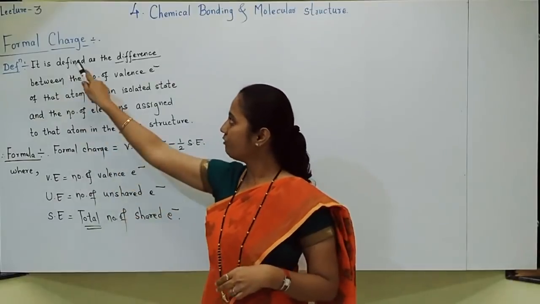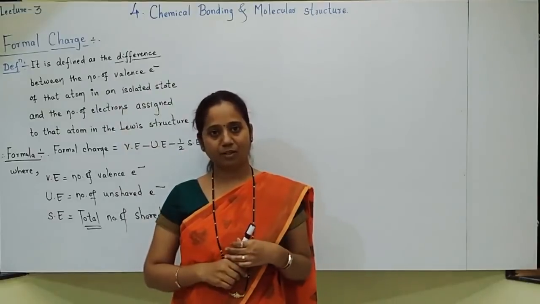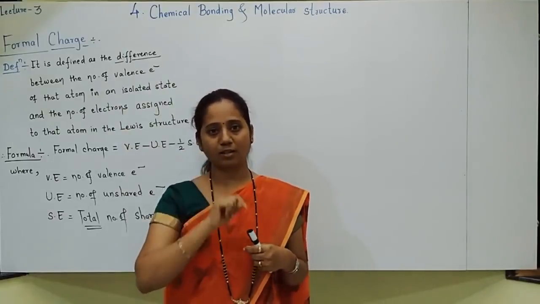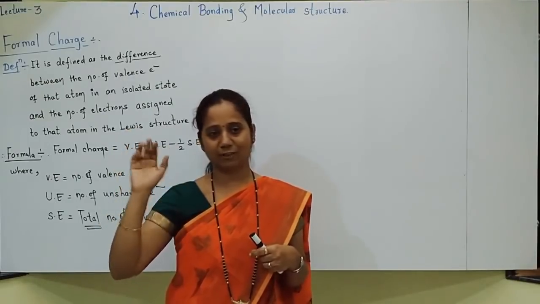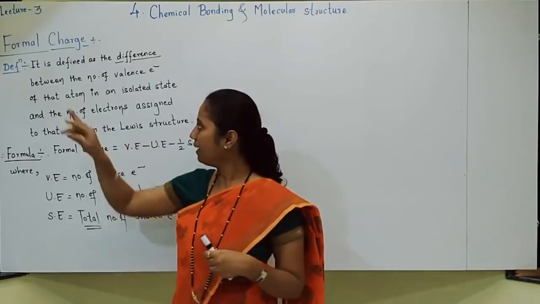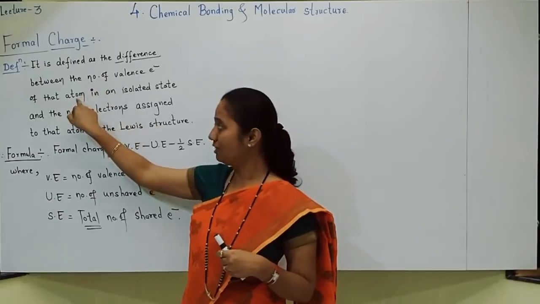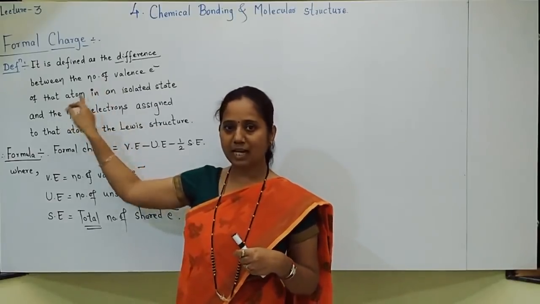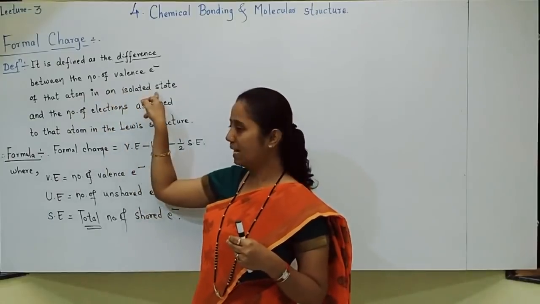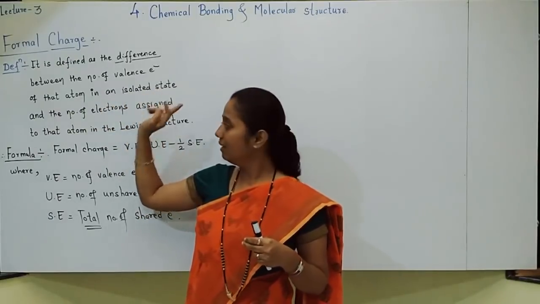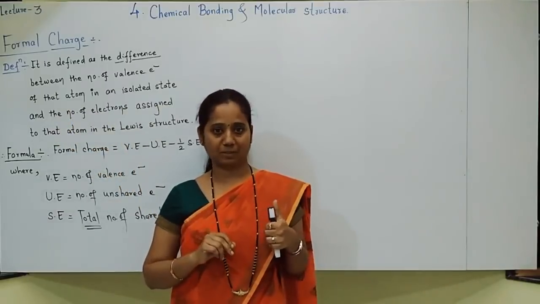It is defined as the difference between the number of valence electrons of that atom, of course that atom in an isolated state, a separated atom, and the number of electrons which are shown in the Lewis dot structure.